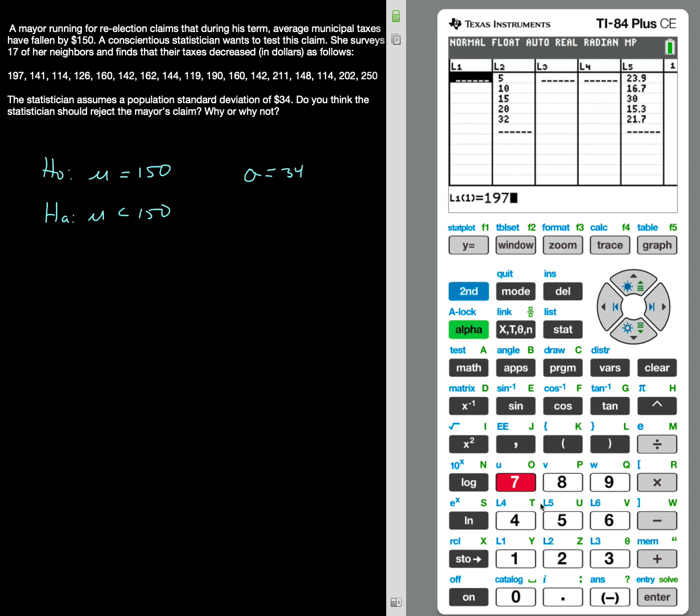So 197, enter, and if you want to, you can fast forward this. I have to put all these in, I didn't do it prior. 126, so you can put them with me if you want.